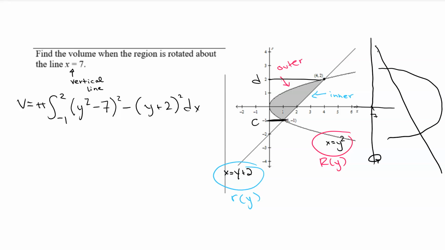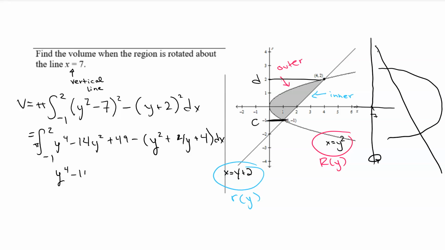Now we have to expand this. So I've got pi times the integral from -1 to 2, y to the 4th minus 14y squared plus 49 minus, use the parentheses so I remember to distribute that negative. So writing it out once more, when I distribute that negative, I'm going to flip the sign on all of those. So it's going to be minus y squared minus 4y minus 4.